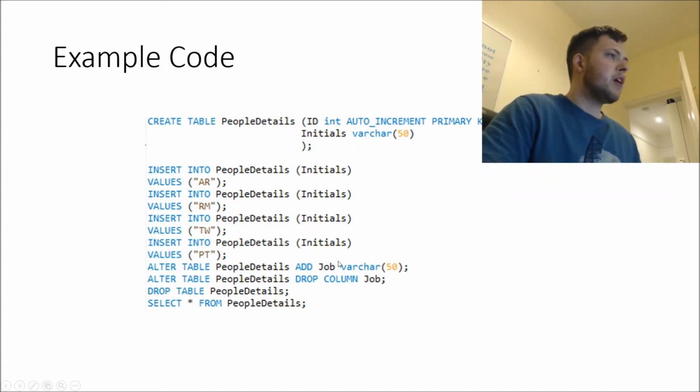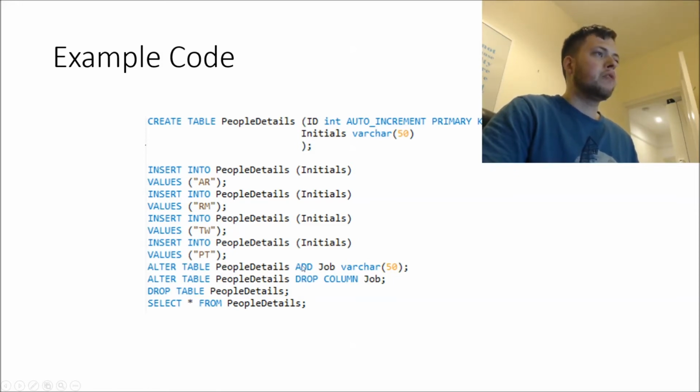Below that we've got our alter table commands. The first one is to add a column, and the second one is to drop a column. So we simply type in alter table, the name of the table, what we're going to do, add or delete a column, and then the column name. And with adding, we've also got to put the data type for the column as well.